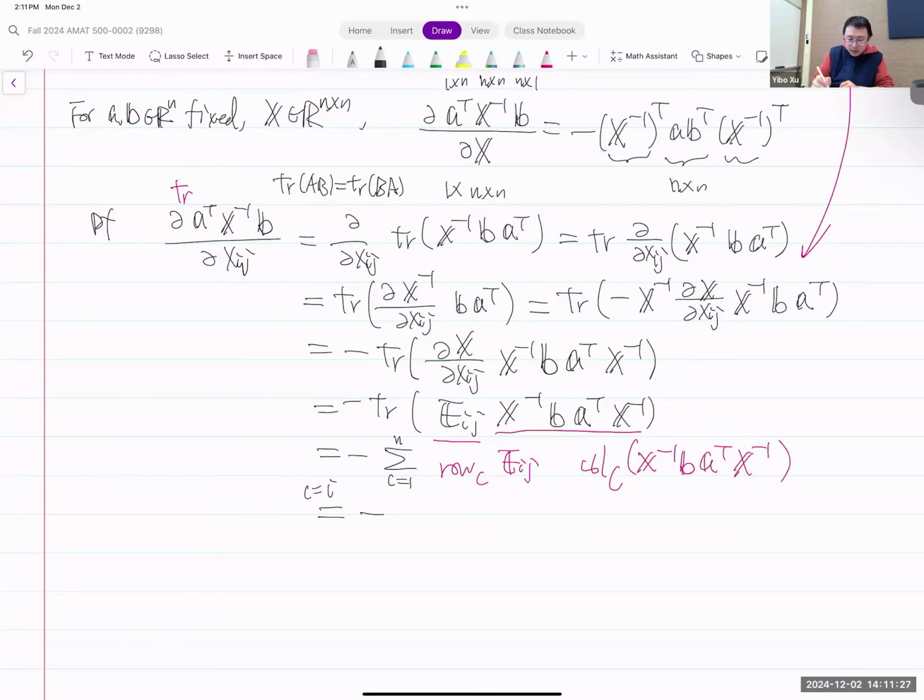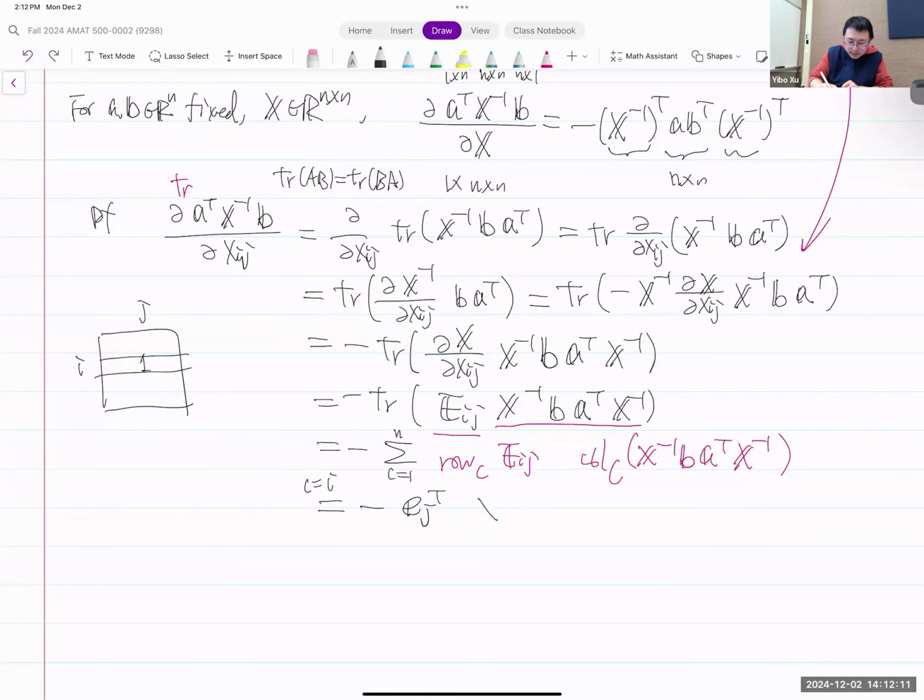So here this is negative. Now row I of Eij is actually little ej transpose. The ith row of this Eij is exactly a row vector that has 1 at the jth element. And now we have column I of the matrix right here.